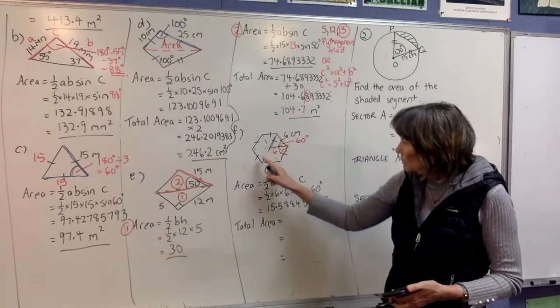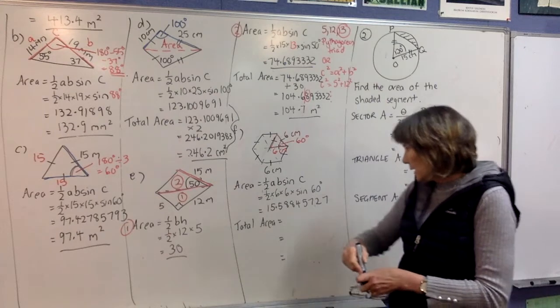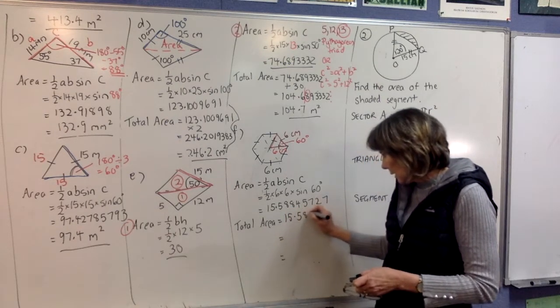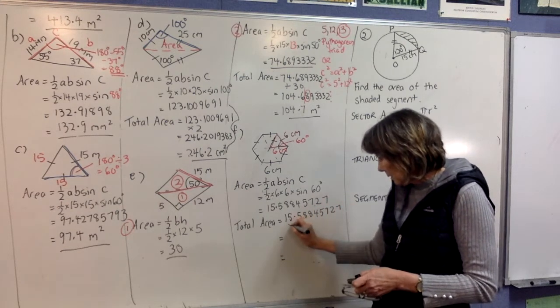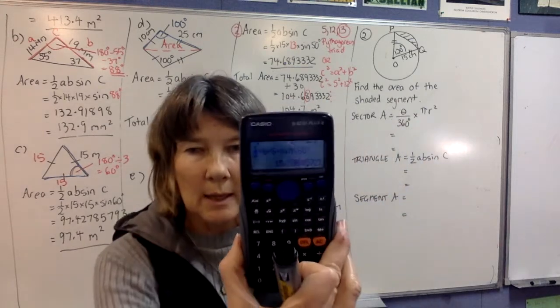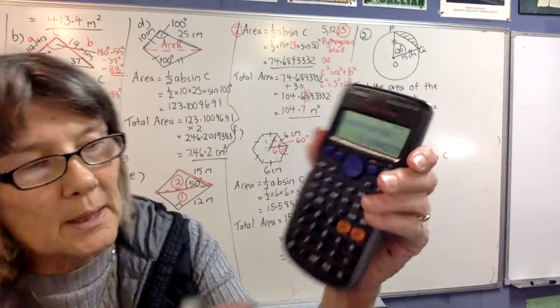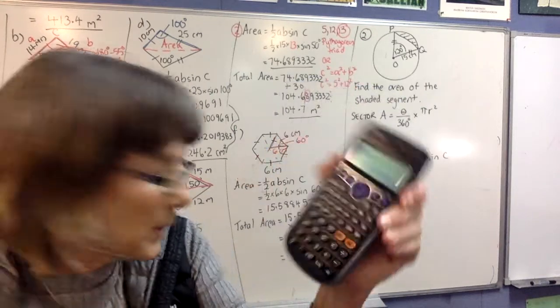How many little triangles are in here? There's 6. So we're going to get that area of one triangle and times it by 6 triangles. And I'm going to do this on my calculator now. So I've already got that answer sitting there from before. So now I'm going to times by 6 times 6 equals, and that's what we get. Write it down.